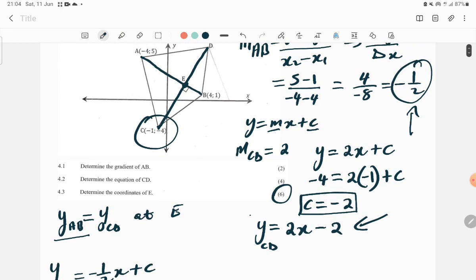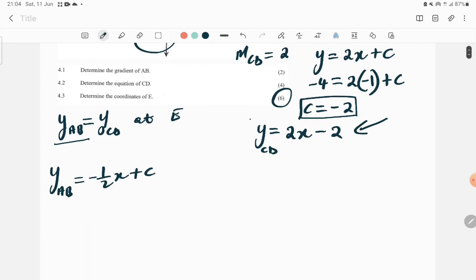So let's just use (4, 1). In the place of y, let's use 1. In the place of x, we put 4, then plus c. Then we can simplify: cancel that, we are left with 2 there, which is negative 2.